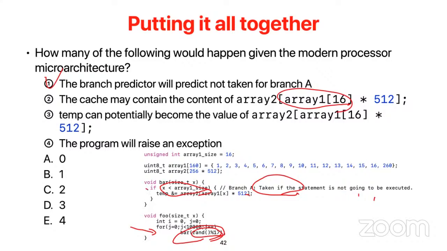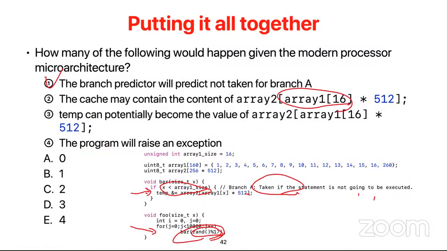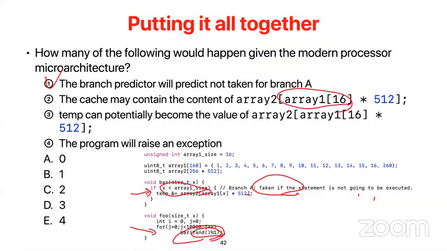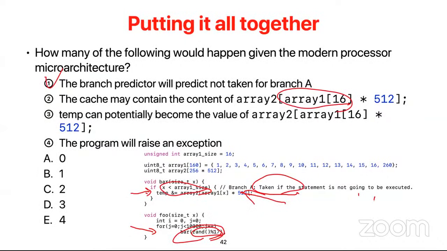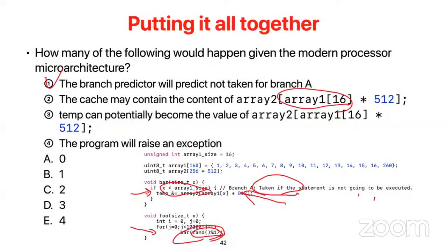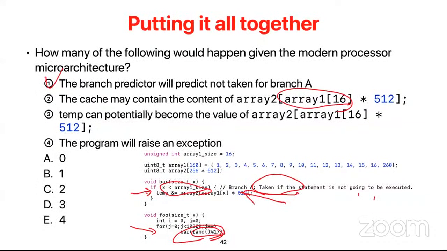Remember, we have speculative execution. And if we predict taken, then we potentially speculatively execute this line of code. When we execute this line of code, we are going to load the content of array 116, because array 116 is within the boundary, and no exceptions should be raised when we access array 116.